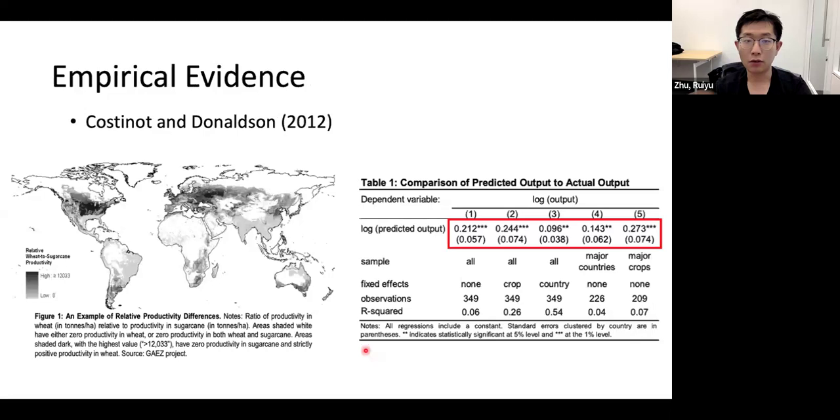How about the real world? So there is some empirical evidence that supports this comparative advantage theory. In this paper published in 2012, they calculate the relative productivity difference between sugarcane and wheat, right? So that's the comparative advantage. A darker color means the relative productivity of one good is higher.